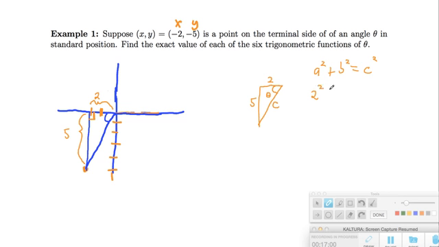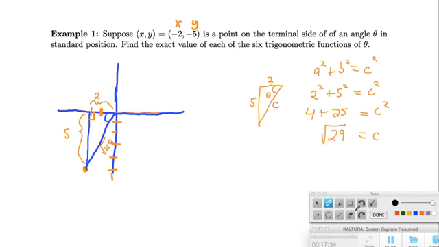That's 2 squared plus 5 squared equals c squared. Well, that's 4 plus 25. So c is going to be the square root of 29. So over here, this longer side, the hypotenuse, is square root of 29. Now that we've got all 3 sides, we should be able to fairly easily calculate the 6 trigonometric values.